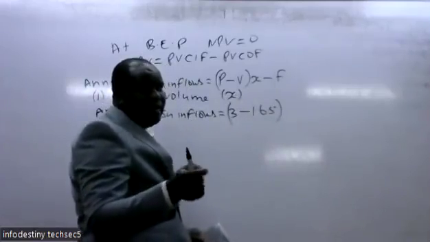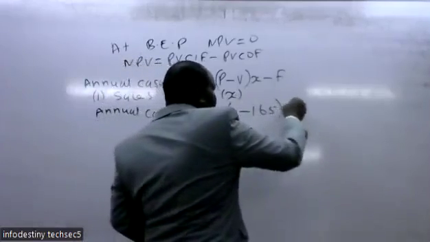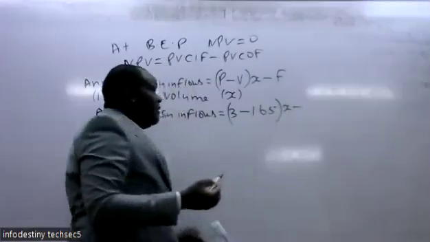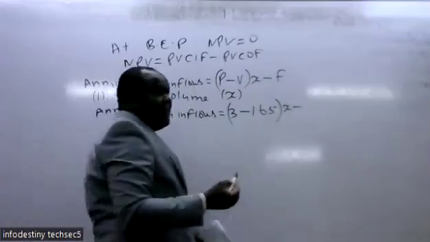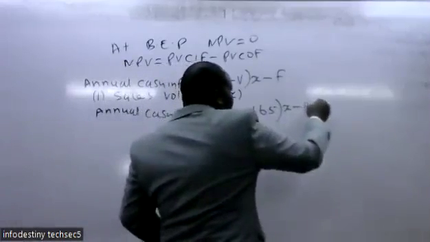We don't know that item, so we just make it X, then we subtract the fixed cost, which was given as 10 million.